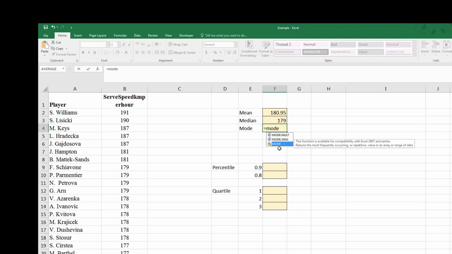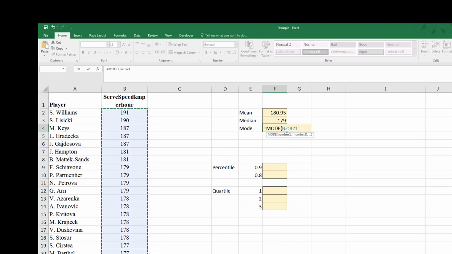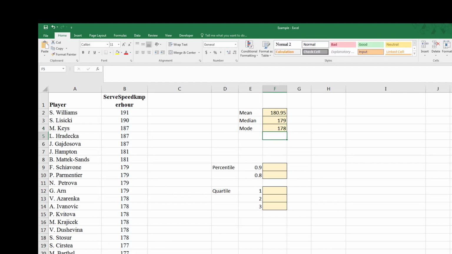This is the older version from pre-2007, and it's going to work just fine. I could just push mode, highlight the data that I want the mode of, and push return. And as in my lecture notes, the mode of 178 is what I get and what was expected.